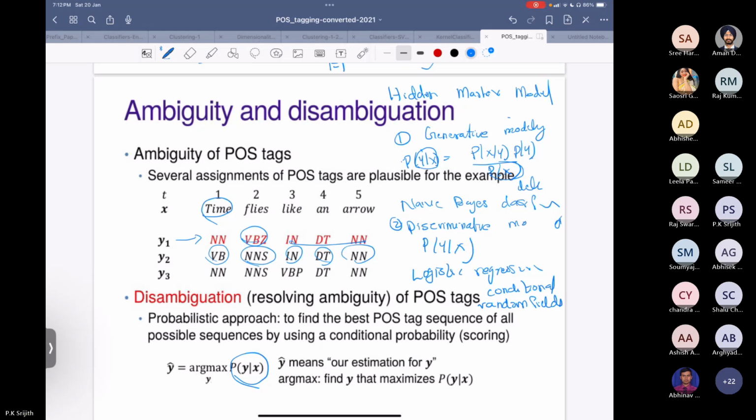So we look at these two approaches: a generative model, which is the hidden Markov model, and a discriminative model, which is conditional random fields. You can think of the hidden Markov model as an extension of the naive-Bayes classifier for a sequence labeling problem, and conditional random fields as an extension of the logistic regression model for a sequence labeling problem.